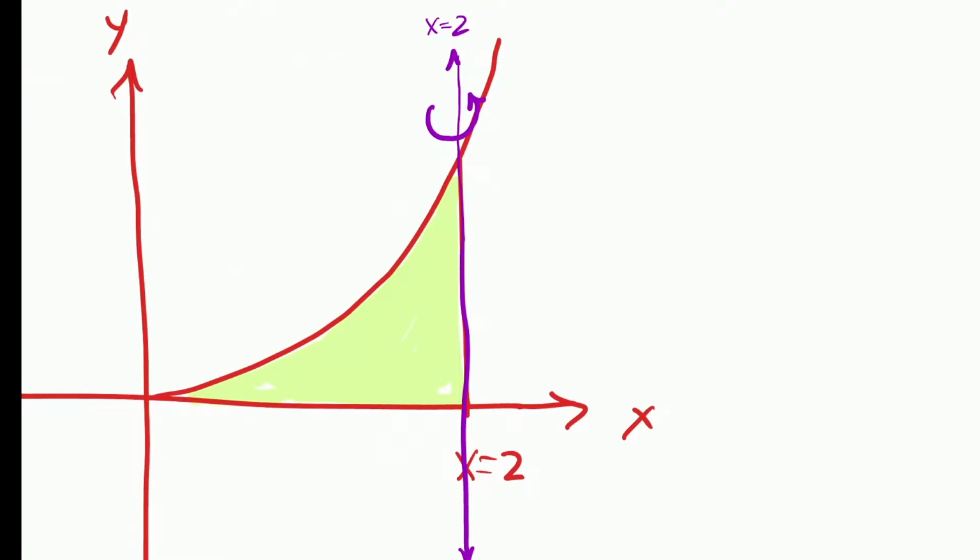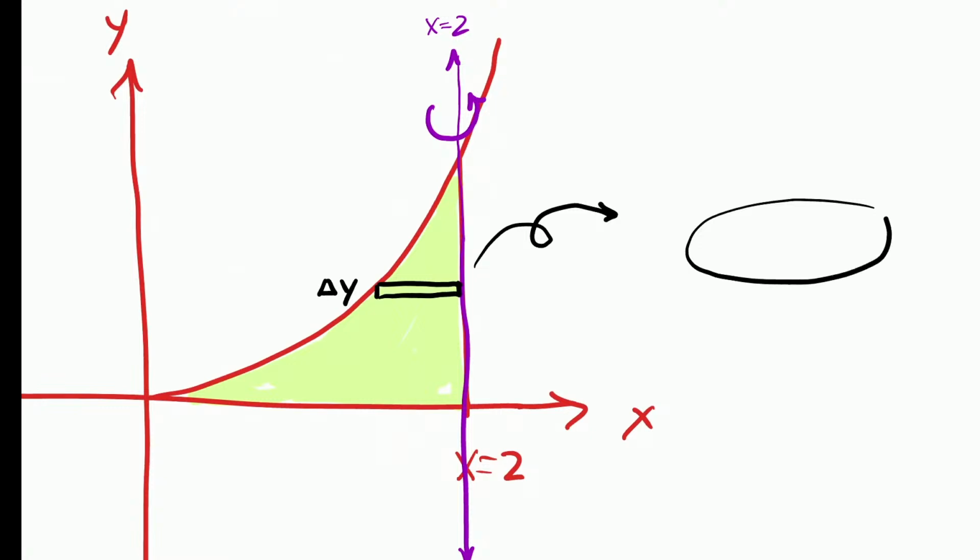Well, let's draw on a representative rectangle, and I know that this will be disheartening for you because on this first example, I have delta y as my small side of this rectangle. I'm going to take my time with this one. Don't worry. Let me redraw this. Okay, so I've got this, and imagine that this thing turns into this disk.